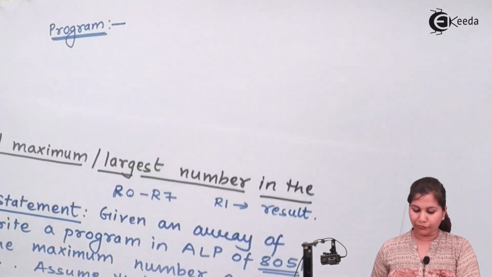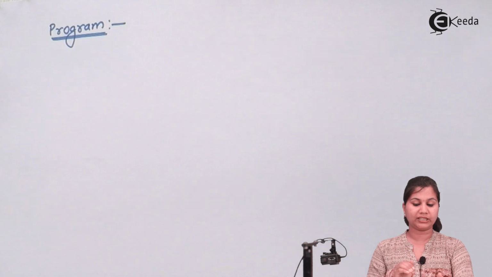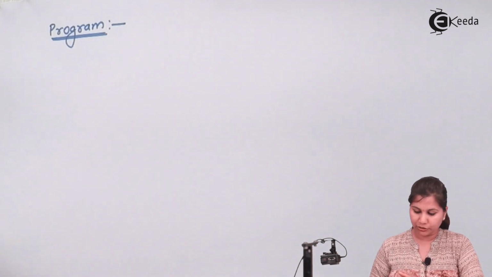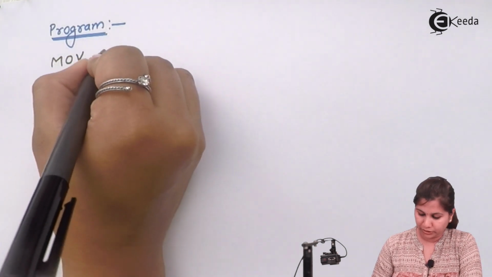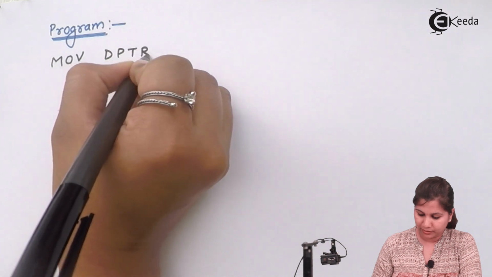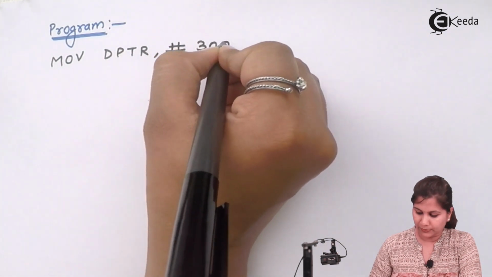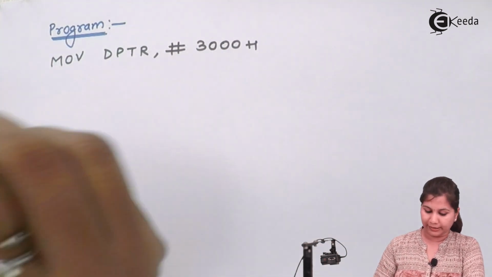So first of all, we will initialize our data pointer with this value 3000H. So first instruction will be move dptr, and we are initializing the dptr with the 3000H value.